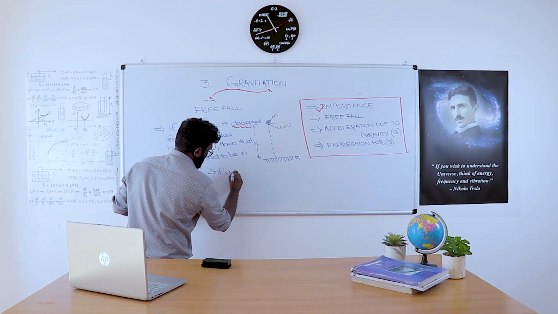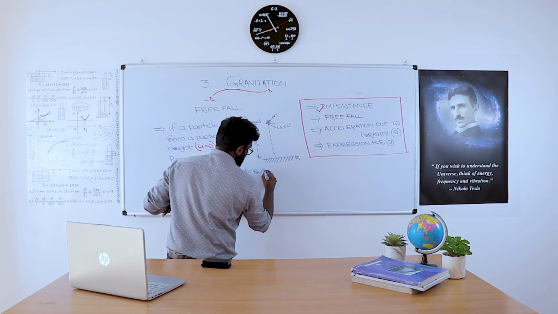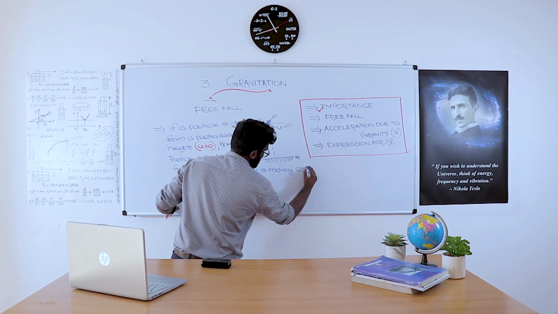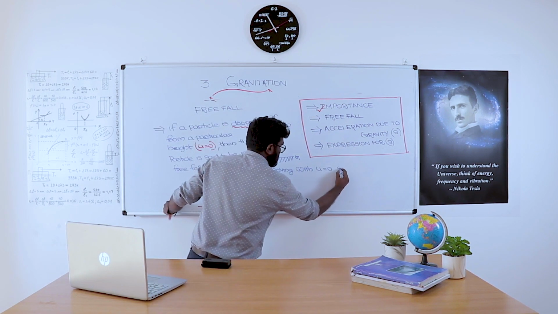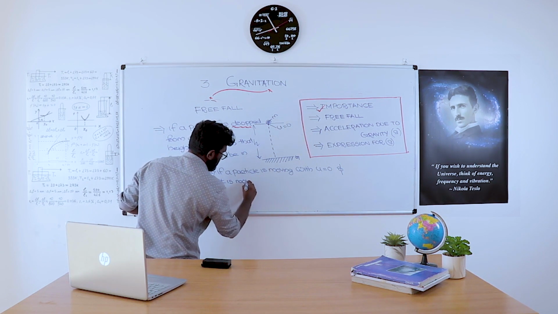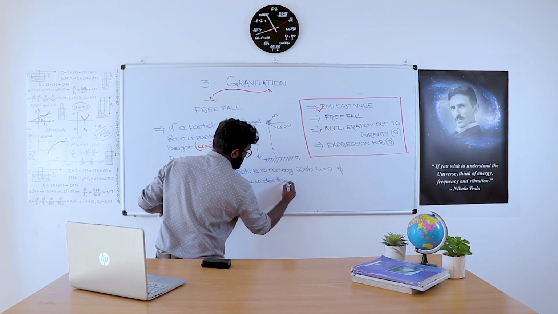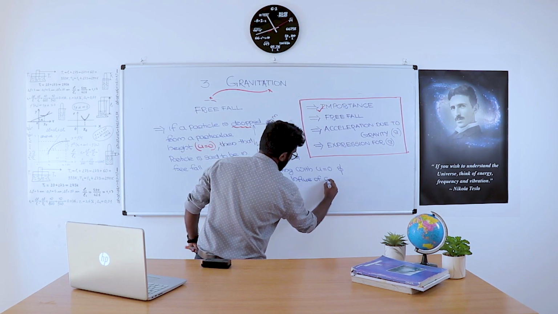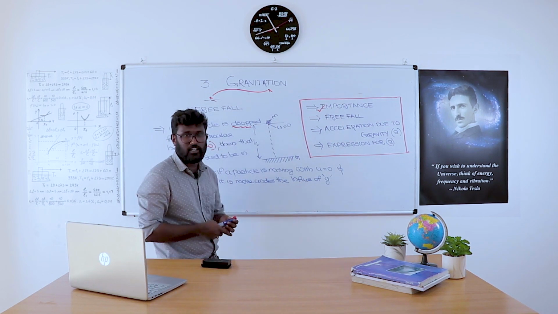If a particle is moving with u is equal to 0, that is, initial velocity is 0, and it moves under the influence of acceleration due to gravity g, then we can say that the particle is in free fall.